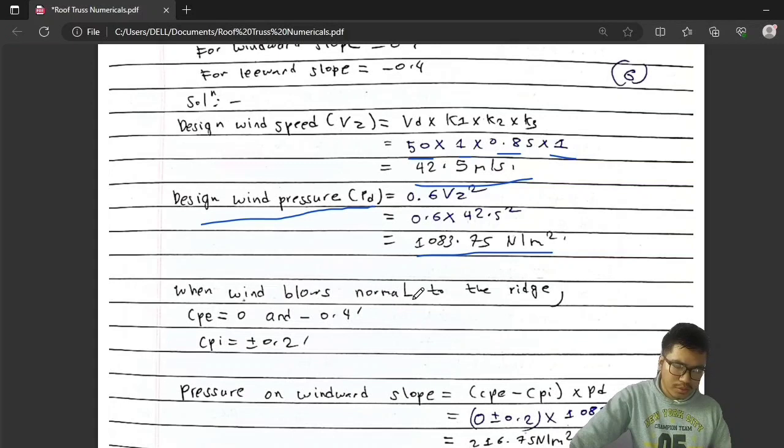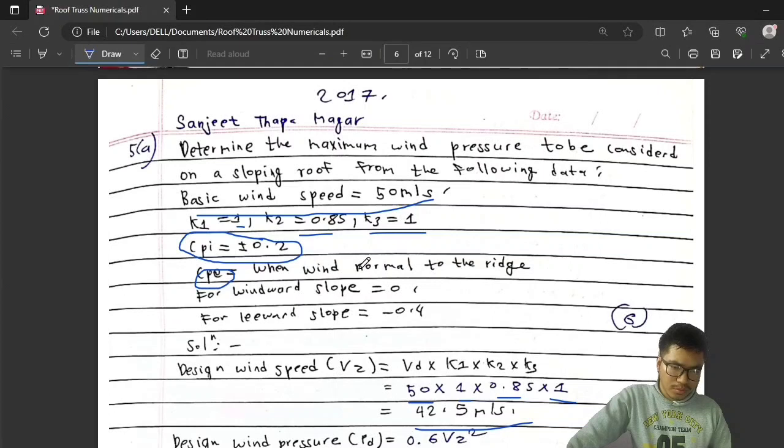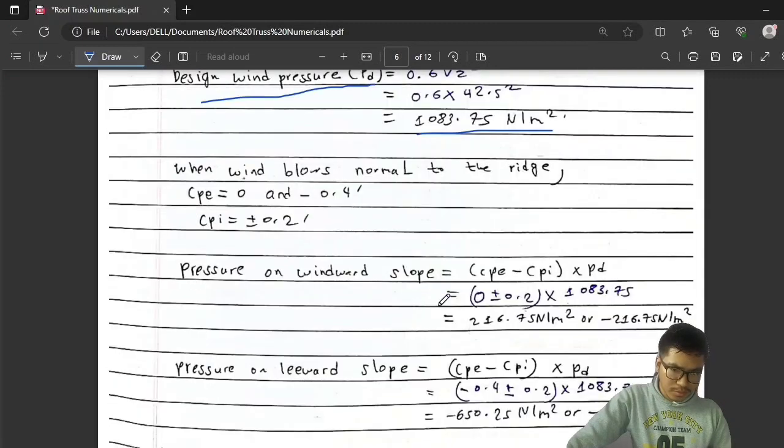When the wind blows normal to the ridge, CPI is plus minus 0.2 for both cases, and CPE when wind blows normal to the ridge in windward slope is 0, and leeward slope minus 0.4.